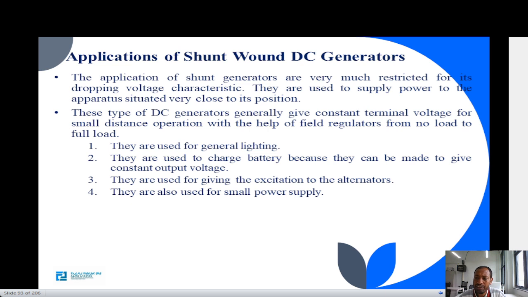They are used to charge batteries because they can give a constant output voltage for charging. We can use such a generator for giving excitation to an alternator; they can be used as an exciter, meaning they give an external DC source for the alternator. They may also be used for small power supplies over a very short distance. This is the most applicable area of our DC generator.